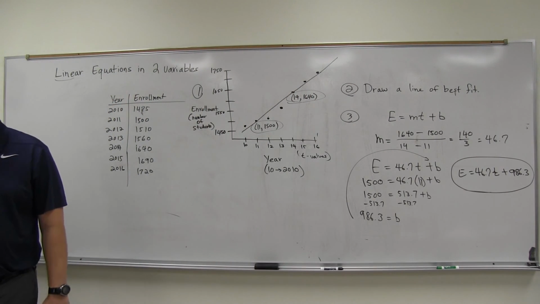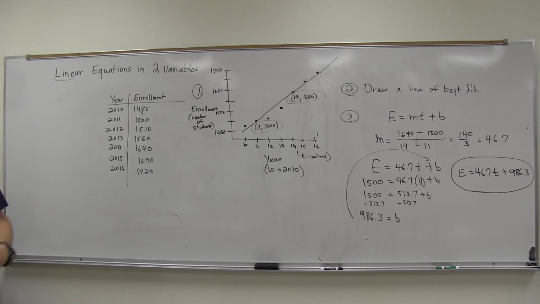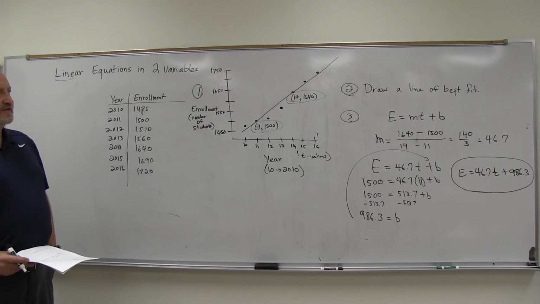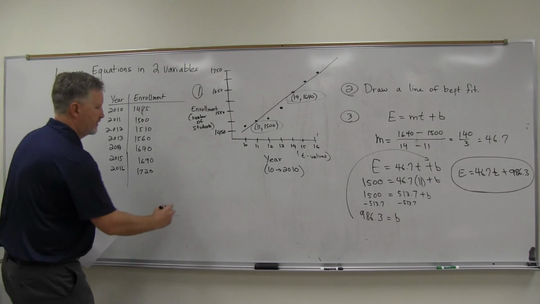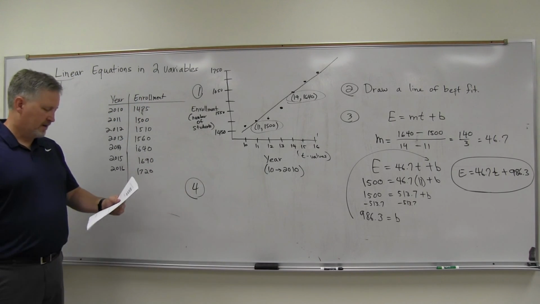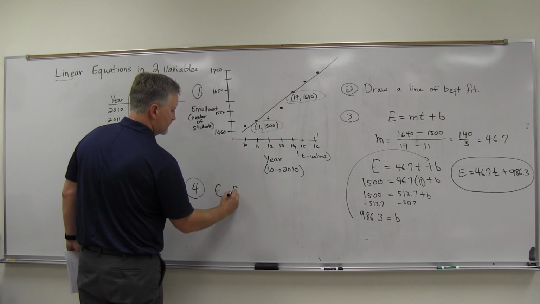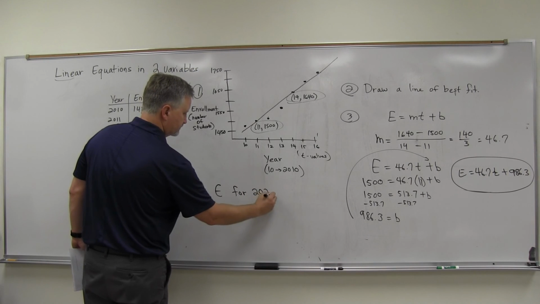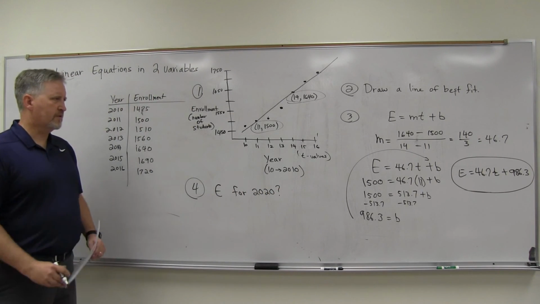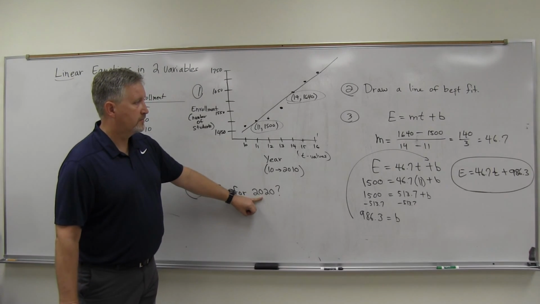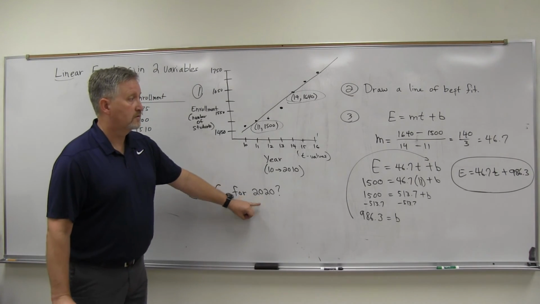That's number 3. All right, then of course we can do whatever we want to with that, find some different things based on that model, but the one I'm asking about on number 4 there, using the model predict the enrollment for 2020. The enrollment for 2020. So based on mine, what would we do there? 20 is plugged in for T. For T?